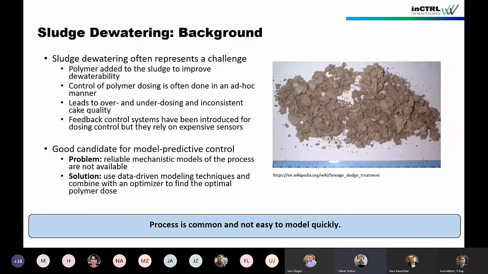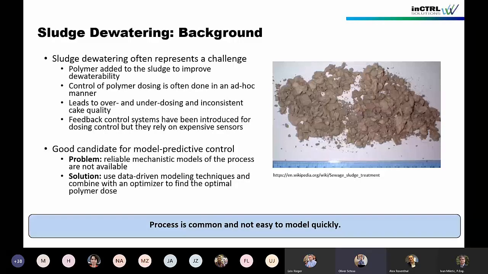Now, the one issue with that is that the control of the polymer dosing a lot of times is typically done in an ad hoc manner, and it's not necessarily an automated control system. It may be just done by the operators. They'll use a certain dosage, and if they find the cake quality is going in the wrong direction, then they'll adjust the dose.